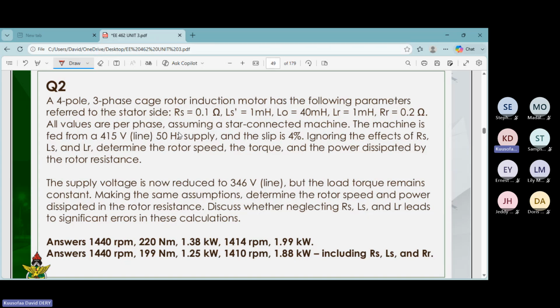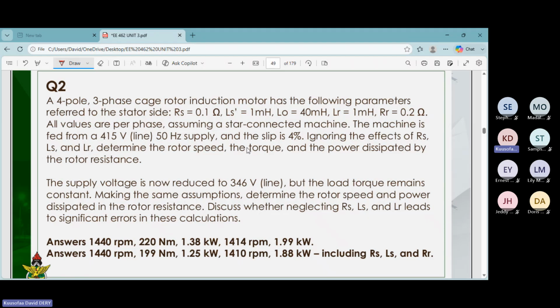All values are per phase, assuming a star connected machine. The machine is fed from a 415 volts, 50 hertz supply, and the slip is 4%. Ignoring the effects of RS, LS, and LR, determine the rotor speed, the torque, and the power dissipated by the rotor resistance. So we are asked to neglect RS, LS, and LR.